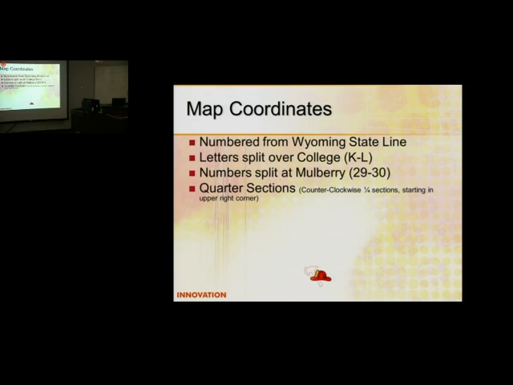They start in the upper right corner with 1 and go around counterclockwise, 1, 2, 3, 4. An easy way for me to remember it is it makes a C for coordinate. So 29 Lincoln 1, you know you're going to be looking in that northeast corner of that map.